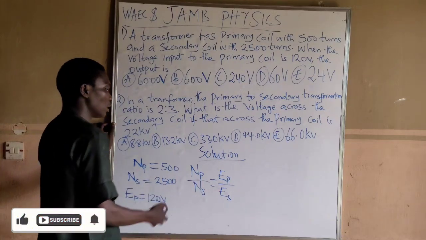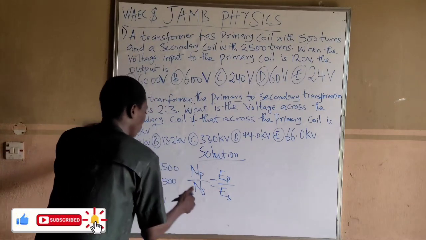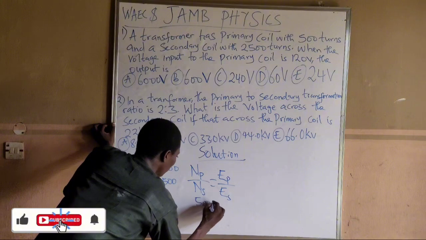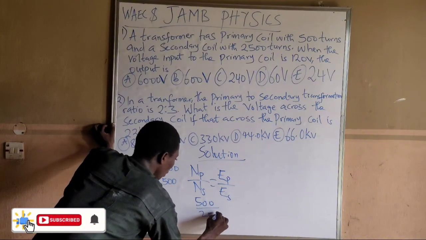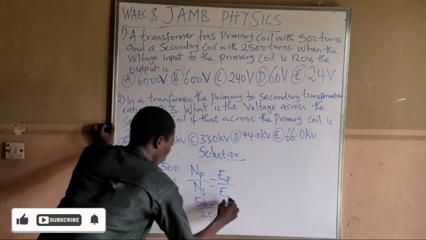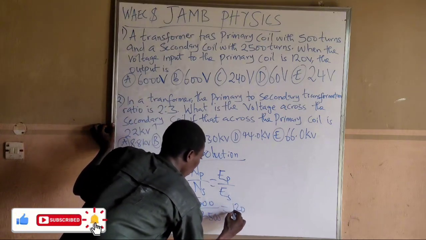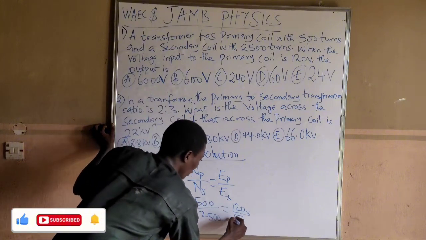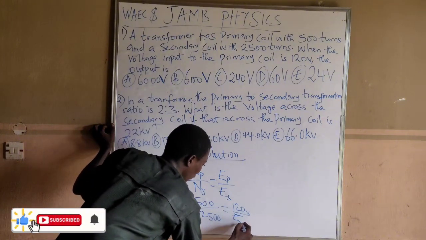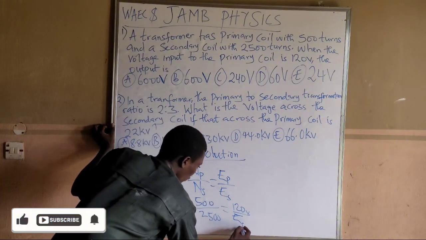This is the only formula you need. Our NP is given to be 500, so that will be 500 over NS, which is 2,500, equals EP, which is 120 volts, over ES. ES is what we are asked to calculate.